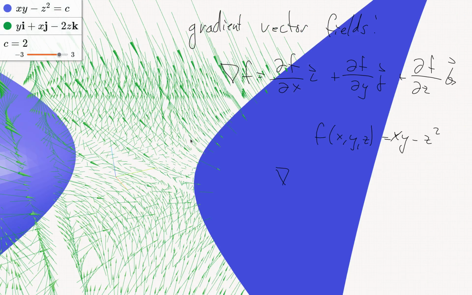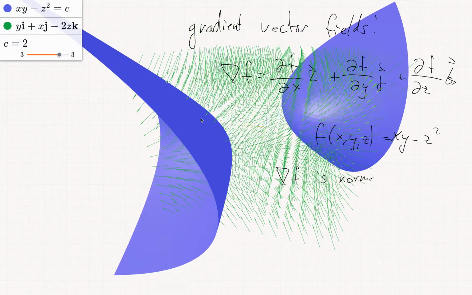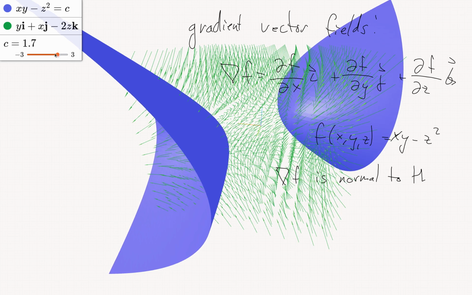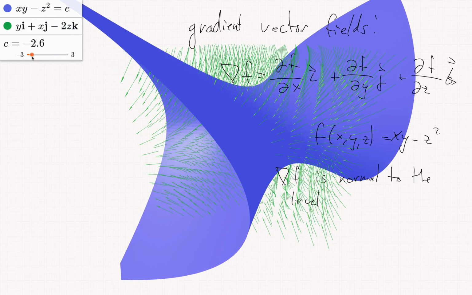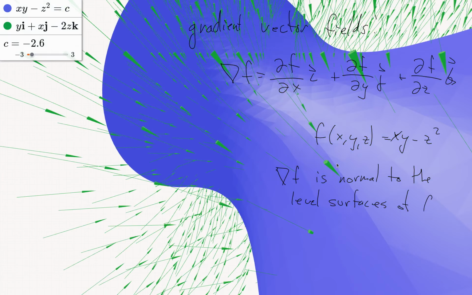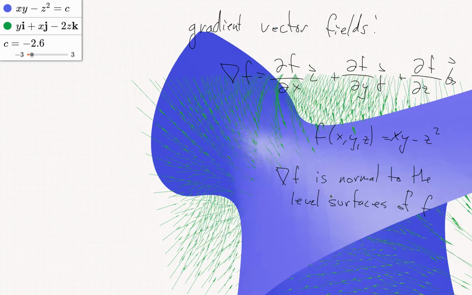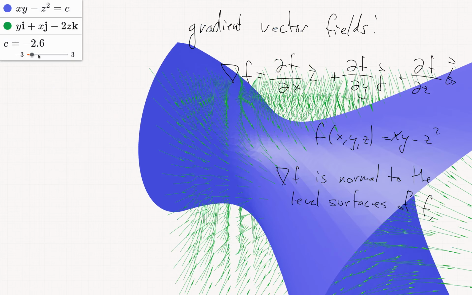The significance of the gradient vector field is that it is normal to the level surfaces of f. So you can try adjusting the value of c on the slider.